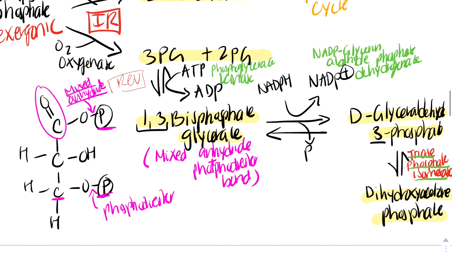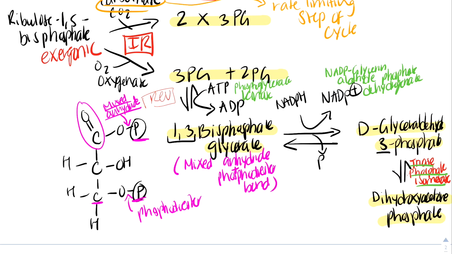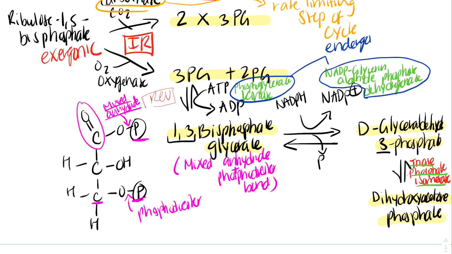Okay, something I wanted to note as well is that the kinase step here and the dehydrogenase step, these are both endergonic, because energy is released by the broken bonds from the structures. Okay.